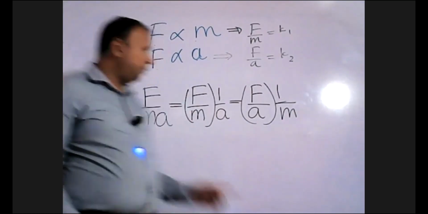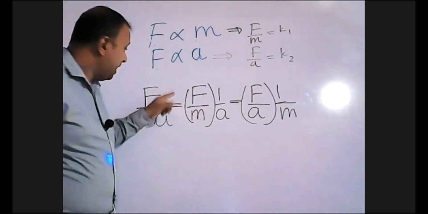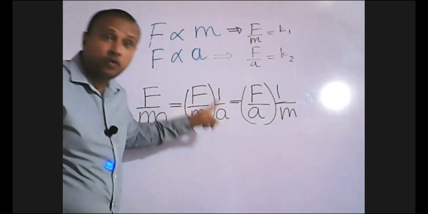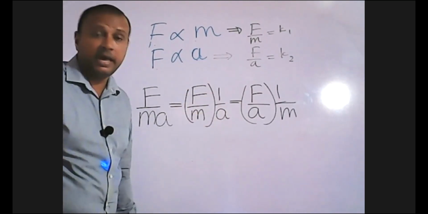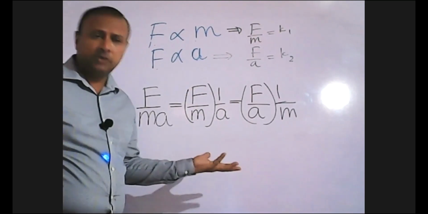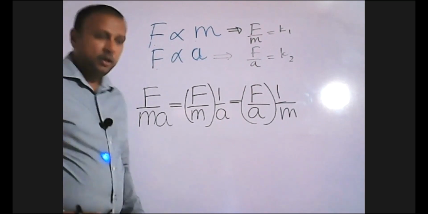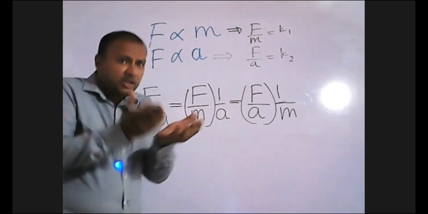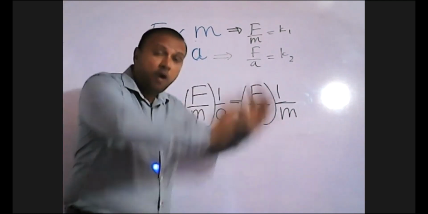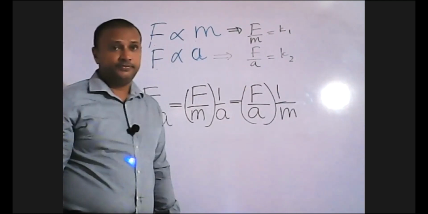So if I want to find the relationship between F and M, I have to keep A constant. Otherwise, it will be meaningless, no? How to find a relationship? If I want to find a relationship between two physical quantities, I have to keep all the other physical quantities as constant.